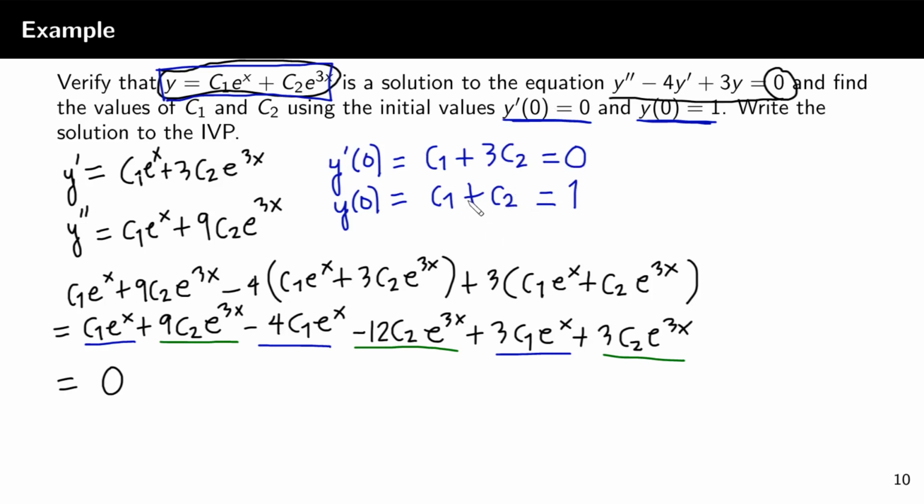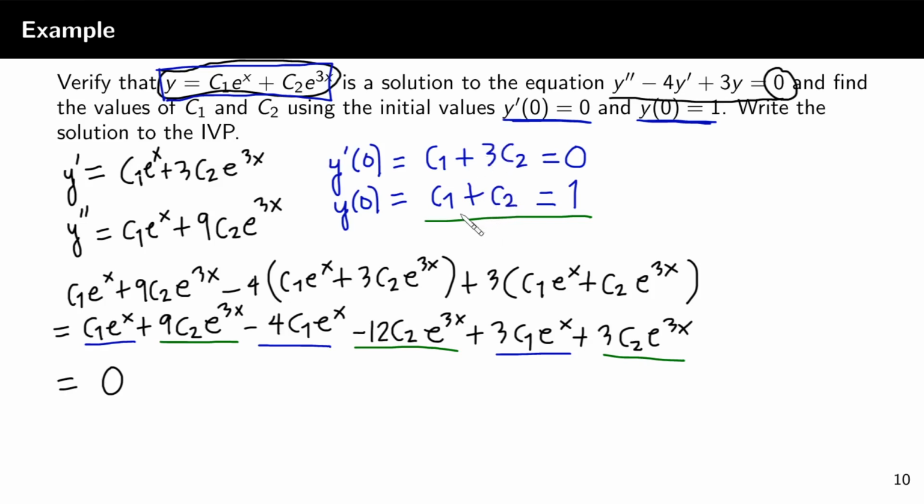Okay. So one way to find the values of c sub 1 and c sub 2 is we can eliminate one of either c sub 1 or c sub 2. Okay. So, pinaka-obvious yung c sub 1. So, to eliminate c sub 1, I will subtract the second equation from the first. Okay.